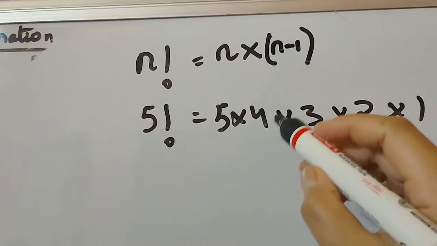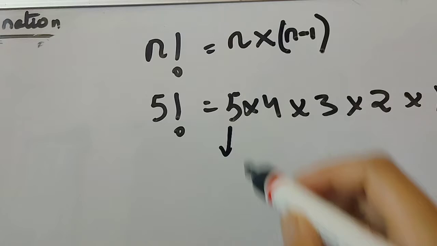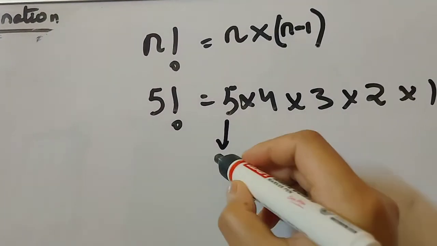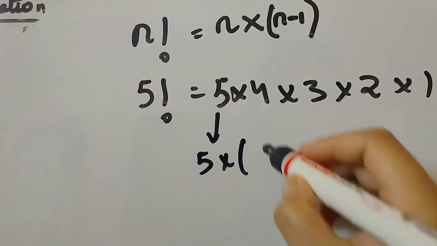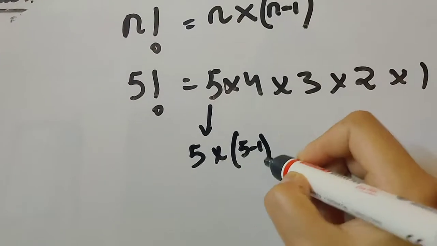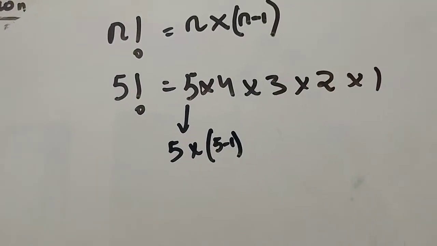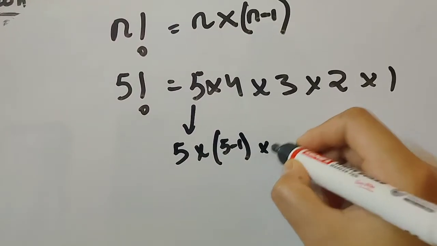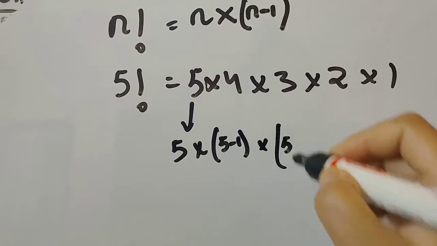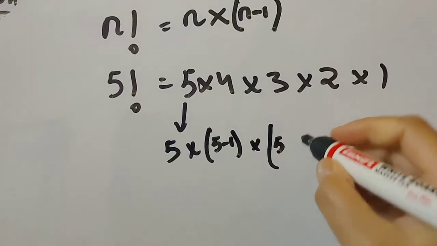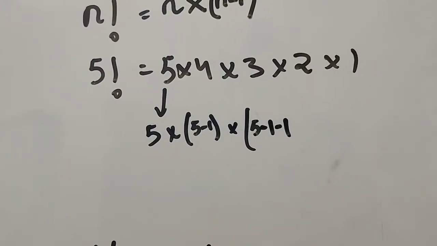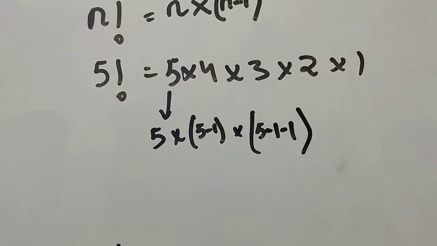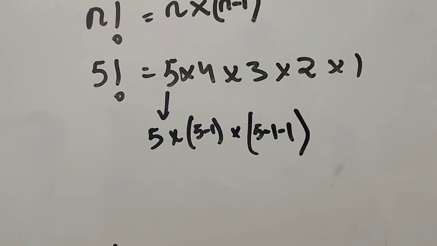You see here, this was your 5. How did 4 come? 4 came from 5 minus 1. For the next one, it is 5 minus 1 minus 1, then you got 3, which is 5 minus 2.